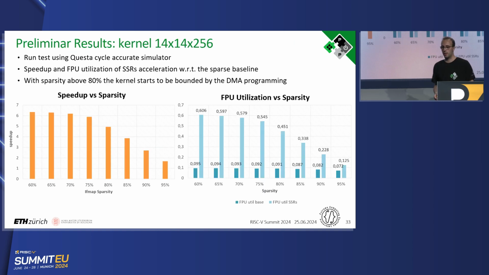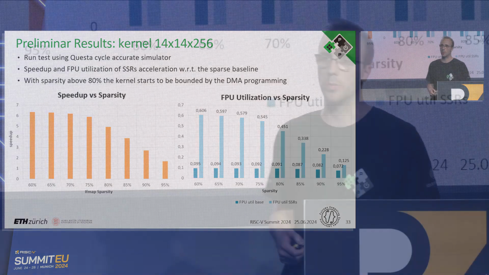So here we have some preliminary results of our optimized library. We take a kernel 14 by 14 by 256, which is a key kernel in a spiking VGG model, and we run tests using QuestaSim, a cycle-accurate simulator, and we computed the speed up and the floating point utilization of our optimized version with respect to the baseline.